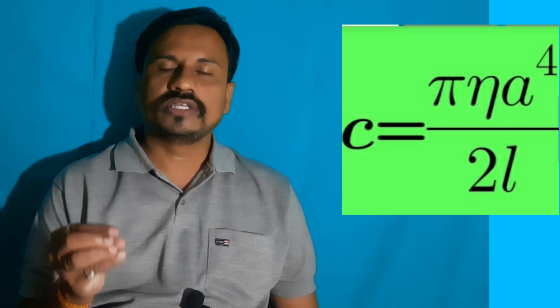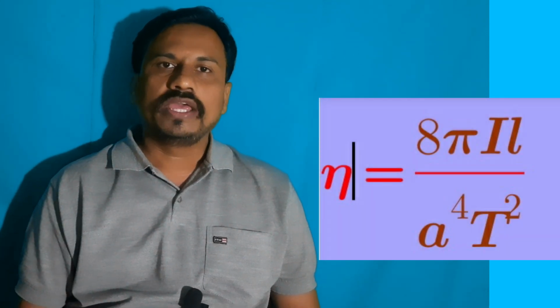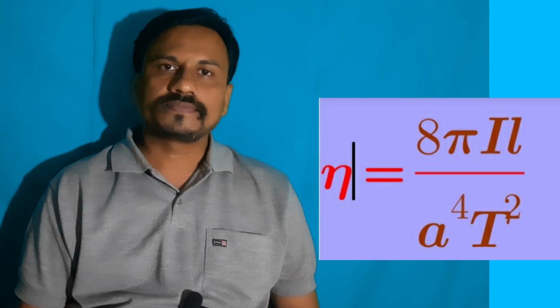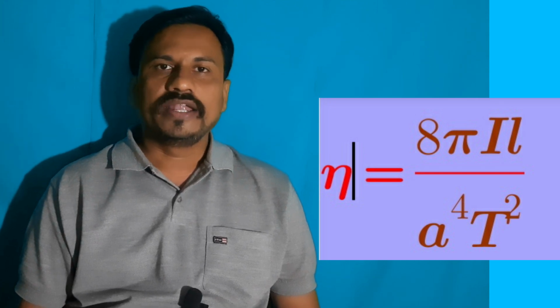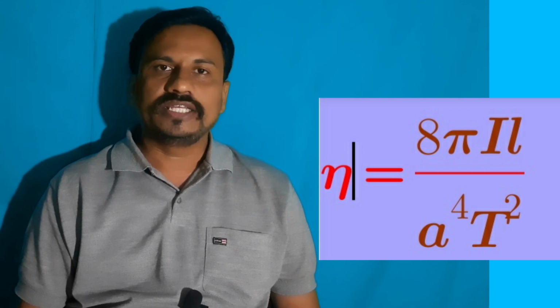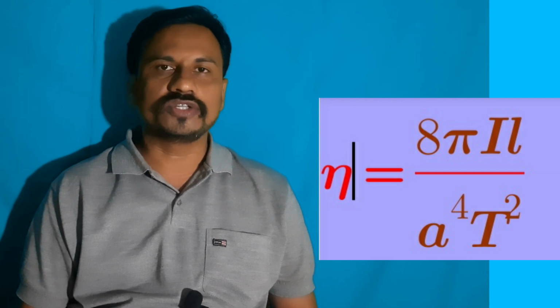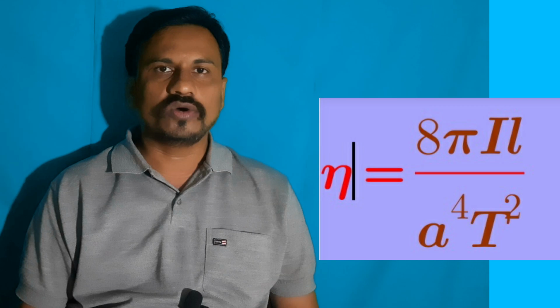If we substitute this value of the constant into T equals 2 pi under root of I upon C, then the modulus of rigidity, that is eta, is equal to 8 pi I L divided by a raised to 4 multiplied by T square. So this is the formula of the modulus of rigidity by torsional oscillation.